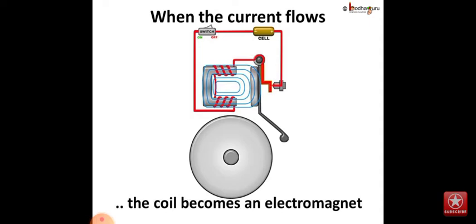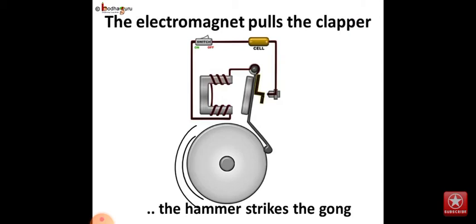See, you can observe the magnetic field with the help of blue lines. I'm going to show you over here. That is your magnetic field. This way the hammer gets attracted towards the gong. This is the attraction because of the current.